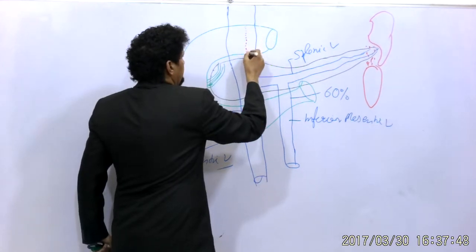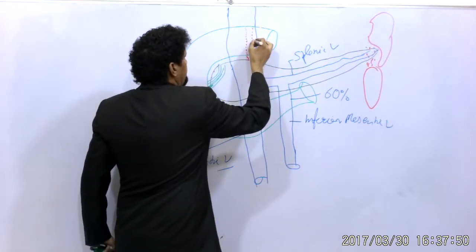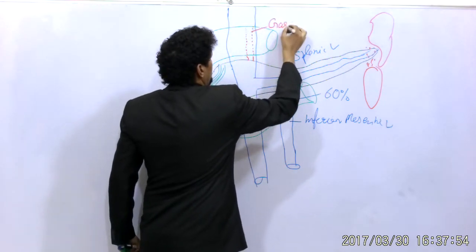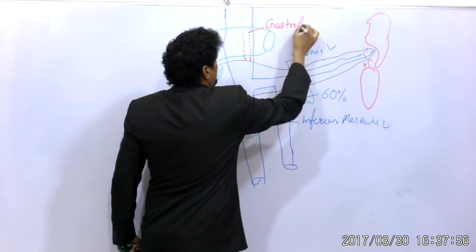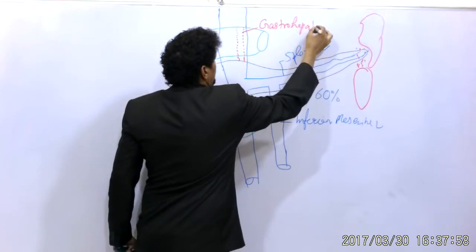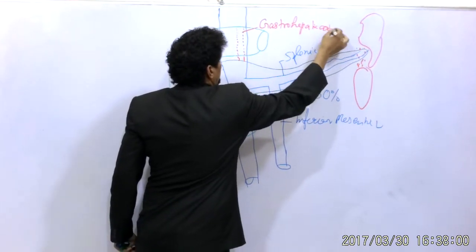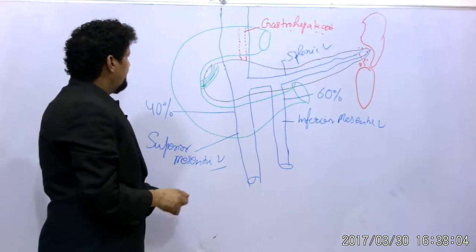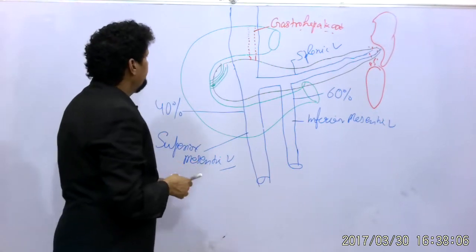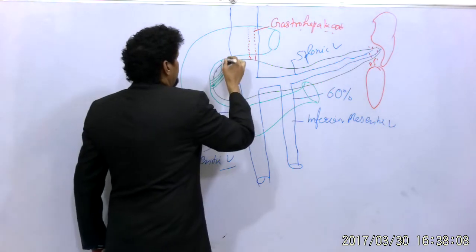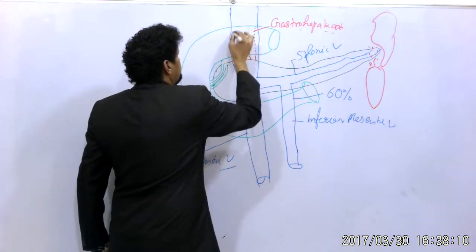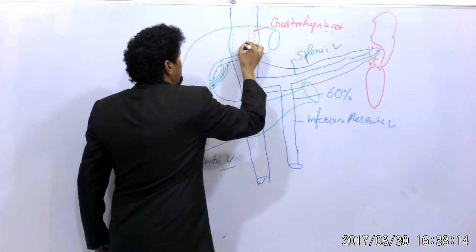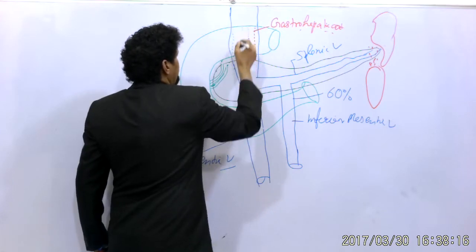It is having the gastroduodenal artery and laterally it is having the bile duct, which are separated by the first part of the duodenum.